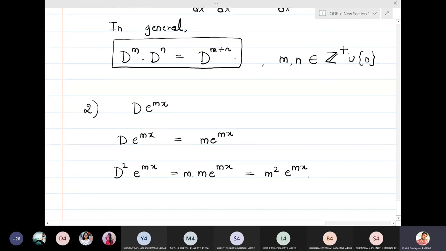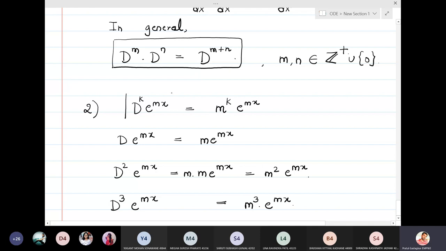Correct. So do you observe some relation now? What is D cube e raised to mx? Then I will have obviously, the third derivative will give m cube e raised to mx. So what am I trying to tell you in general? In general, if I take the kth derivative of e raised to mx, I'm going to get m raised to k e raised to mx.